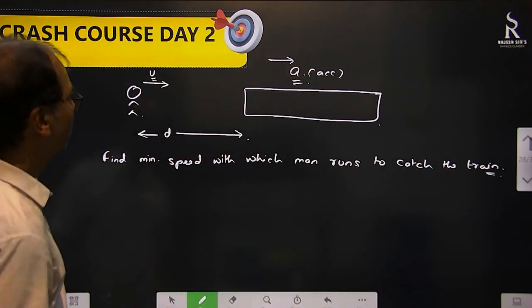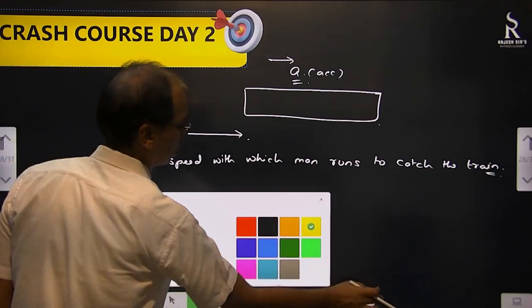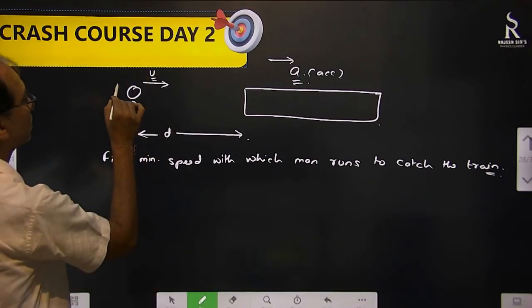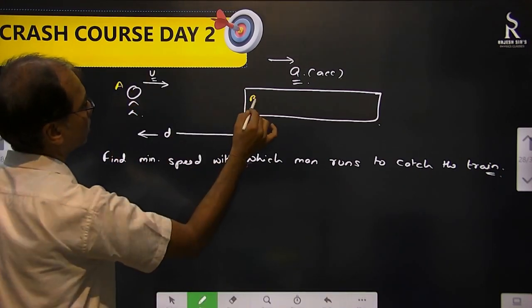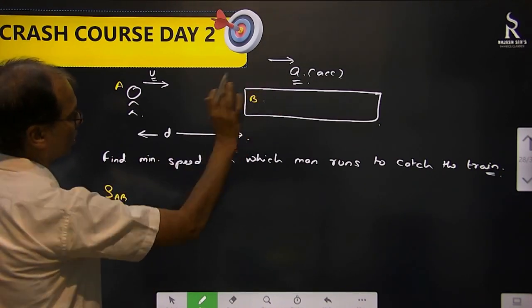Now let's see what is given first. Suppose I consider this is A and this is B. So SAB is how much? Consider this as at rest; how much does it have to travel?